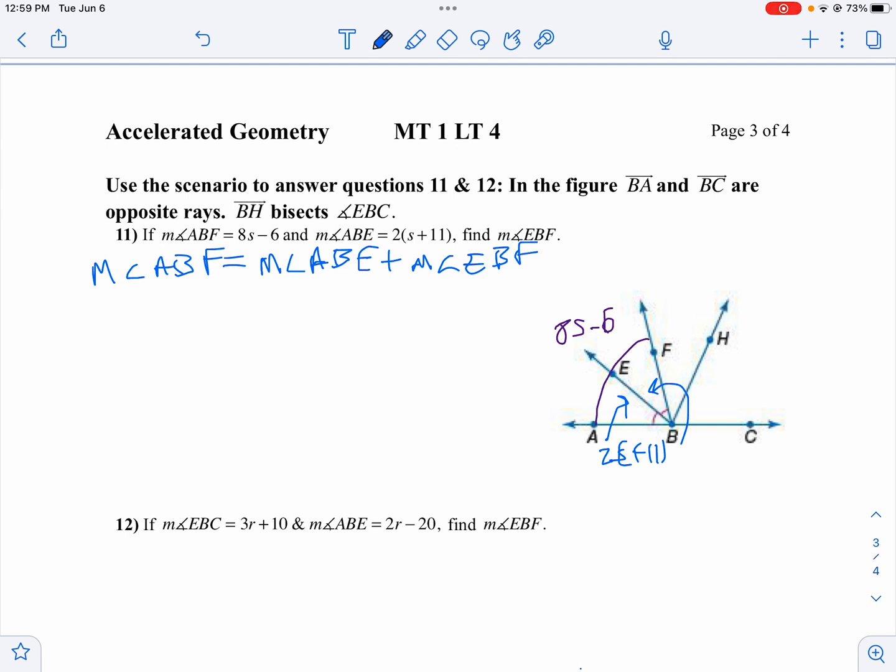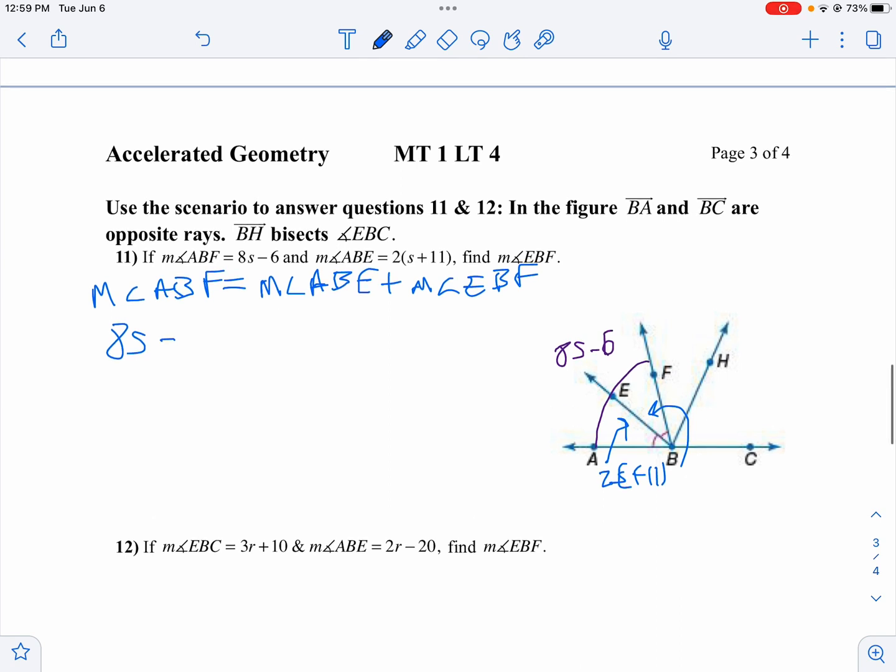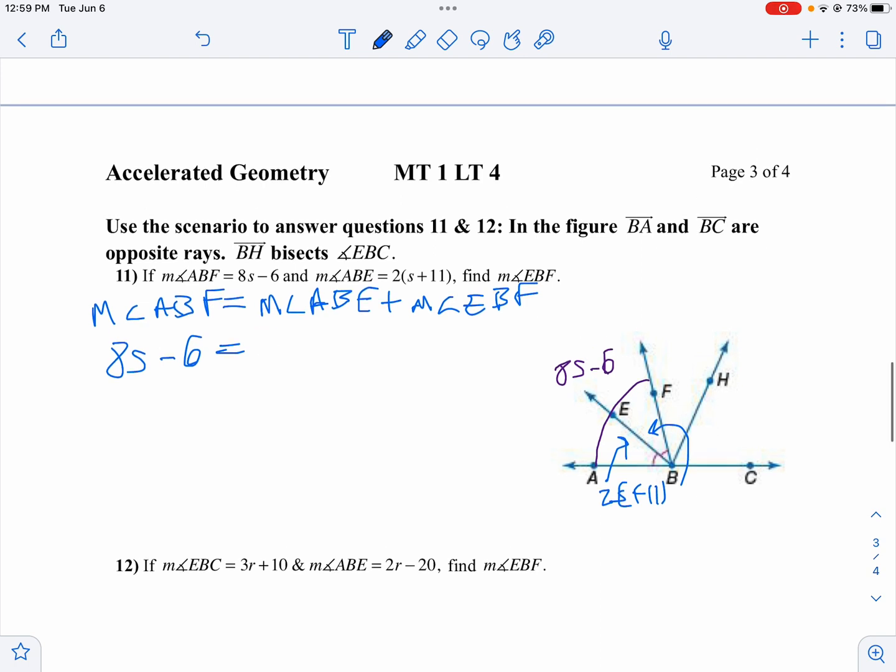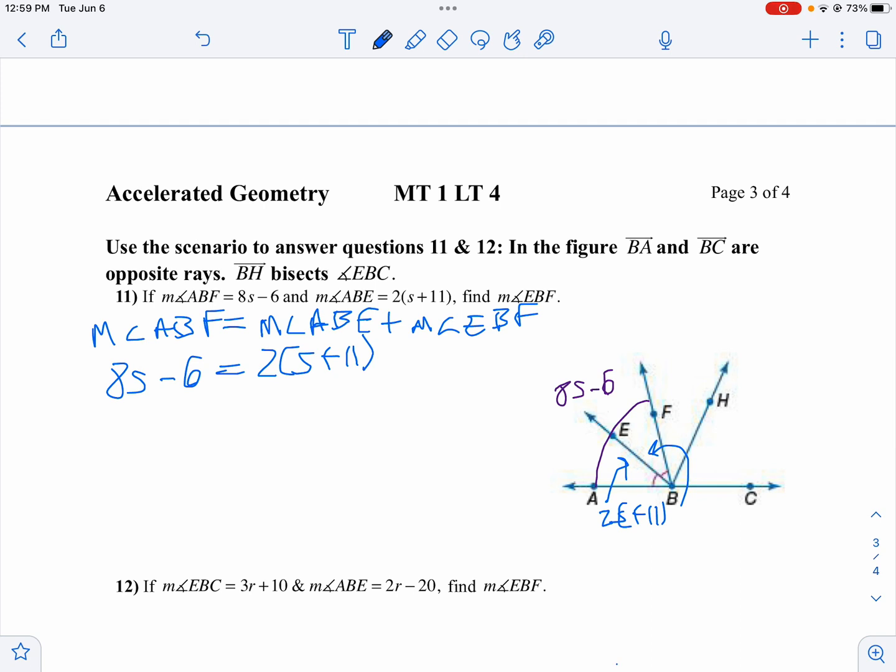Or in this case, 8s minus 6 equals 2 times s plus 11 plus 2 times s plus 11. I don't know why it's disappearing on me like that every time I write. I have to get a new pen here, it looks like.